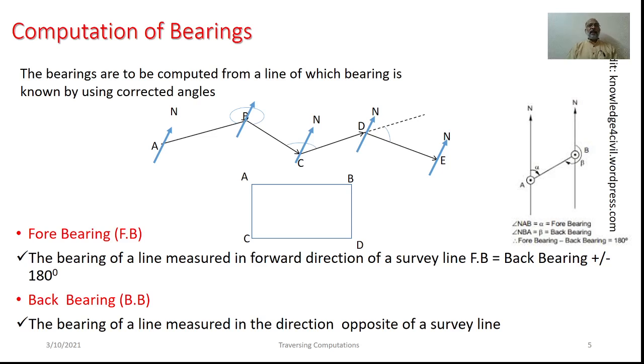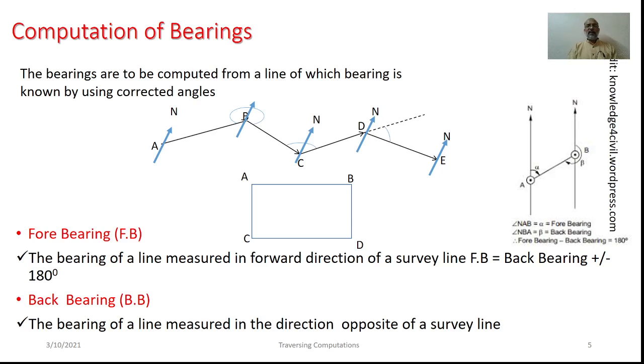Another consideration before going to theodolite traverse computations is the computation of the bearings. In earlier discussions, we have already discussed the compass traverse, and you know how the bearings can be used in order to compute the subsequent bearings.